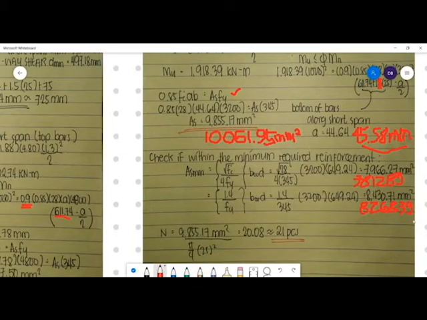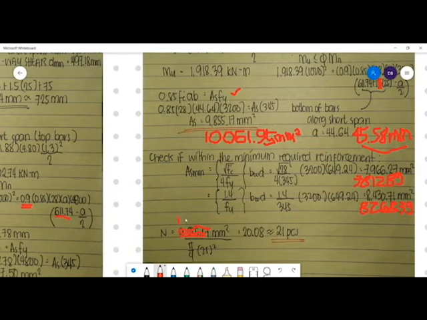No? So we are going to use, no, 10,061.95 millimeter square. We determine the number of bars required, no? So we erase this one now.